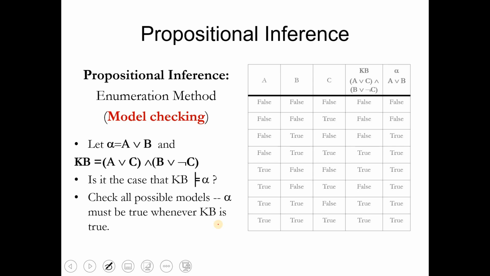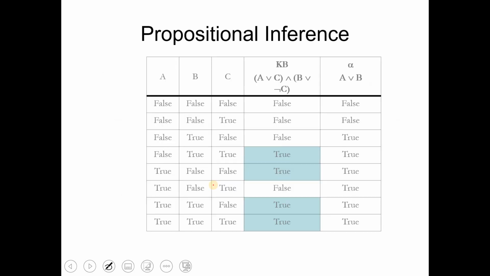If you remember, we saw this example in the last chapter. The knowledge base will entail alpha if alpha is true in the same models all the time. Let's say for A, B and C we have three variables, so we have 8 combinations of values possible.